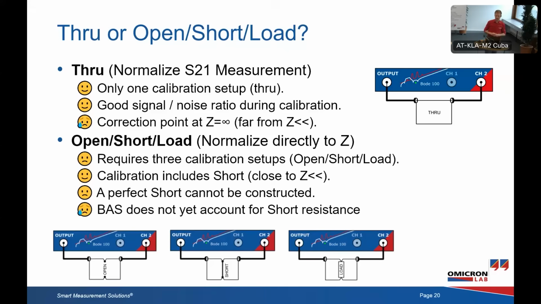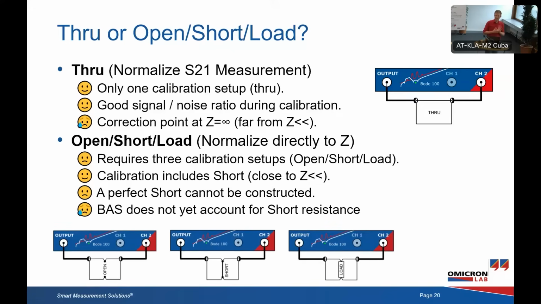As an alternative, you could also do open, short, and load correction that will directly normalize to the open, short, and load standard, so directly to impedance. The disadvantage is it requires 3 calibration setups. You need to measure all the 3, open, short, and load. The advantage is it also includes a short. So there is a calibration point close to what you want to measure.